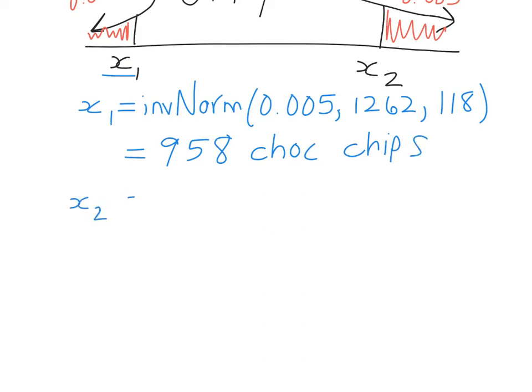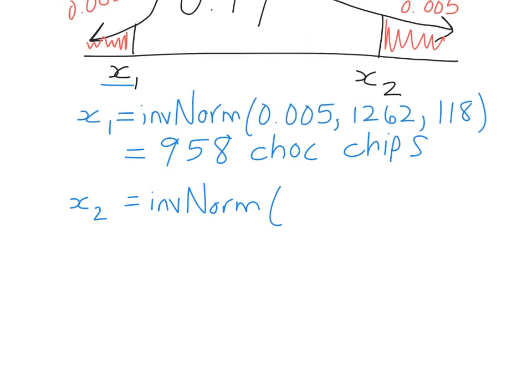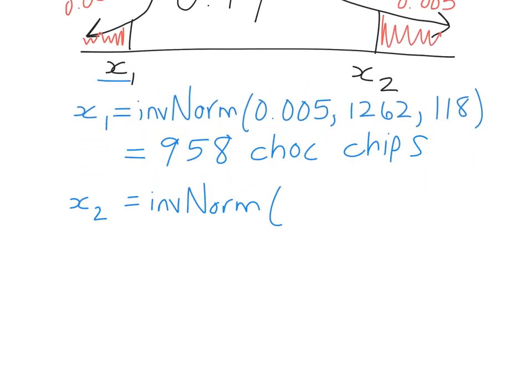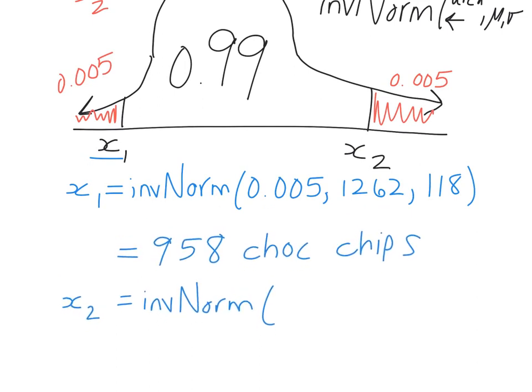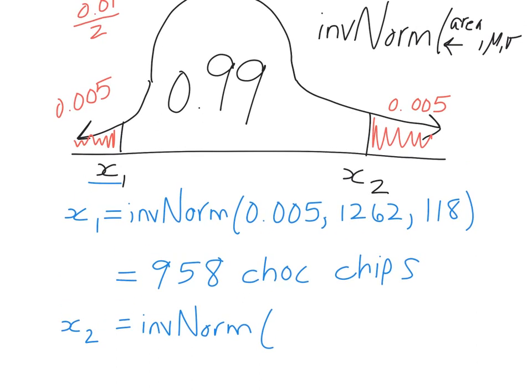And then x2, well, area to the left of x2, you can think of it in two ways. Either you can do 1 minus 0.005, because that would be the opposite. Or area to the left of x2 could be 0.99 plus 0.005.